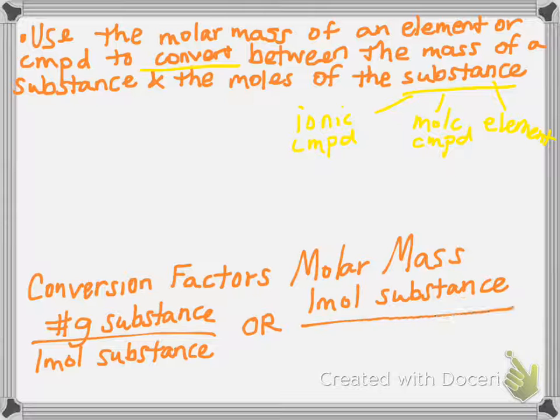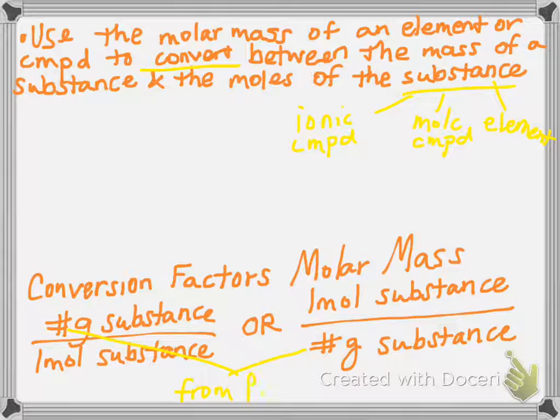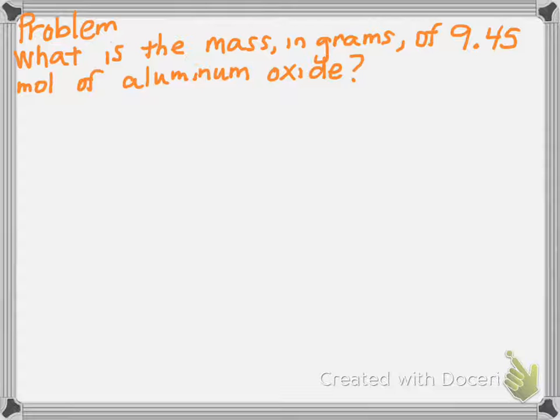So if I need grams to be in the denominator, I can do that. And where do these numbers come from? These are from our periodic table. We add up the masses of our elements on our periodic table to get these numbers that go in front of grams.